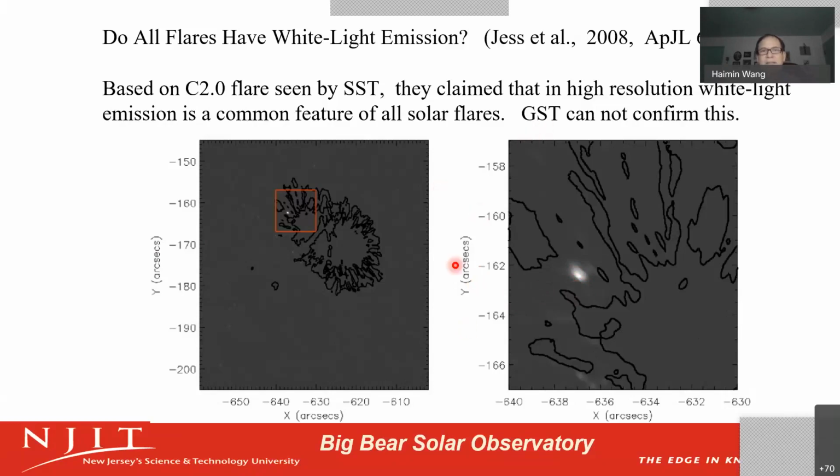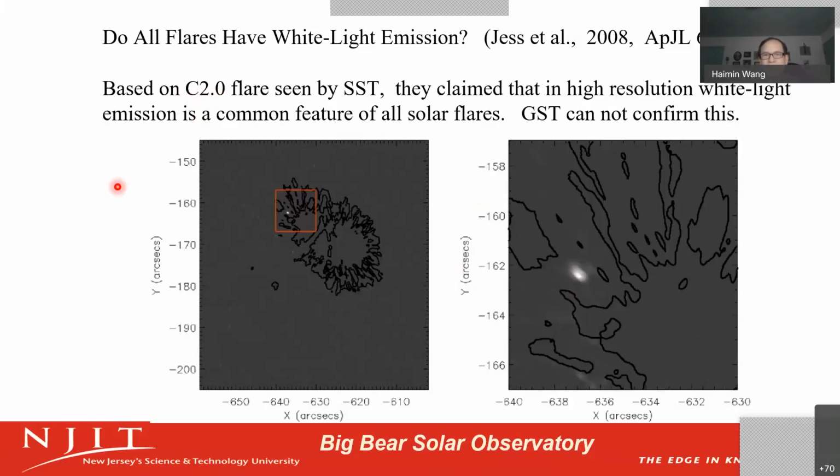In that paper, they said that when we have enough resolution and enough cadence, almost all flares would probably be white light flares. They observed a flare of magnitude C2.0, which by today's standard is quite small. That was the conclusion they had.